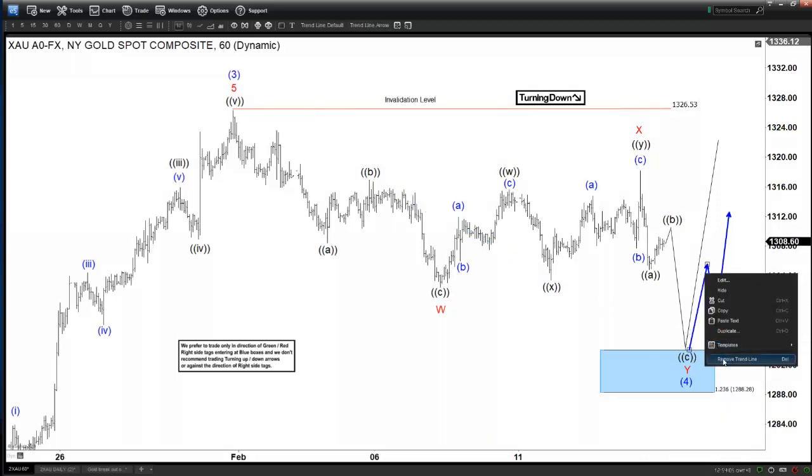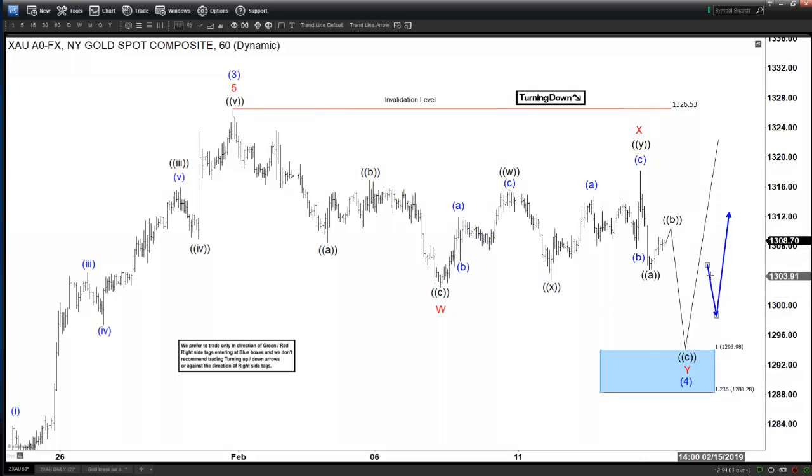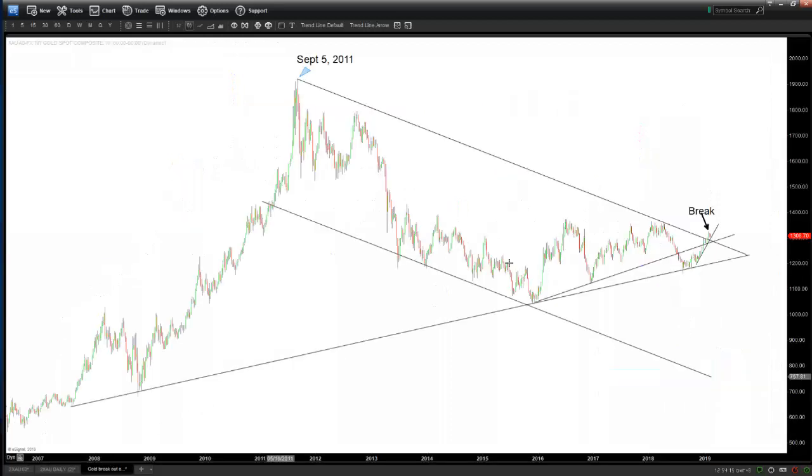Okay, now if we look at the larger degree, let me show you this one. This is not Elliott wave but trend line, a simple long-term trend line analysis. We can see that gold has been in a 7-year bearish channel since topping out in 2011, right?